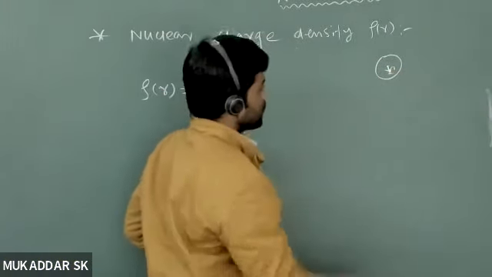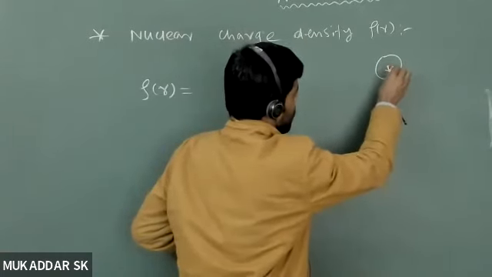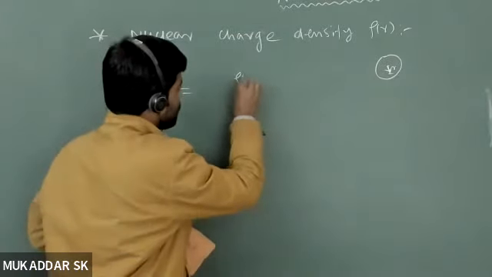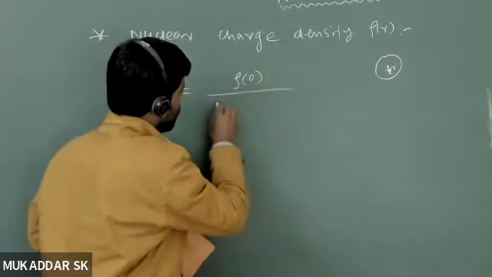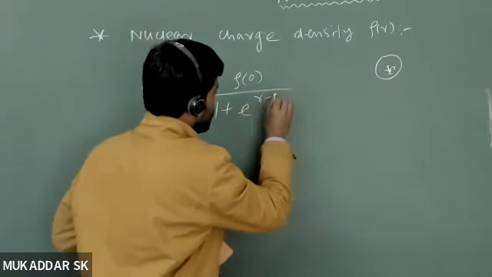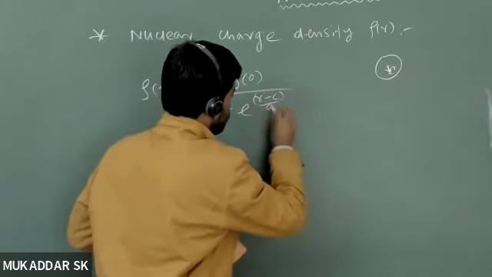Suppose I want to measure the charge density here; the distance between this point and the center is smaller. That is represented by this parameter, and it will be rho of 0 divided by 1 plus exponential of (R minus C) by A.